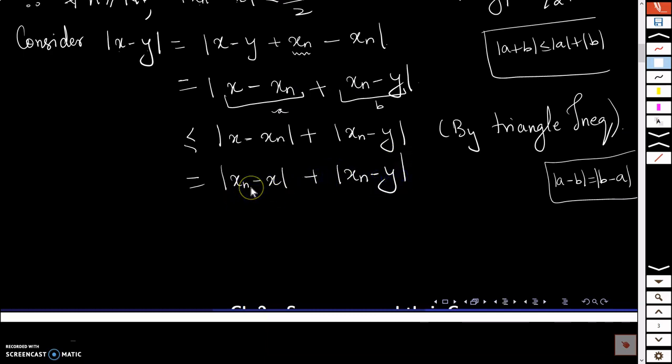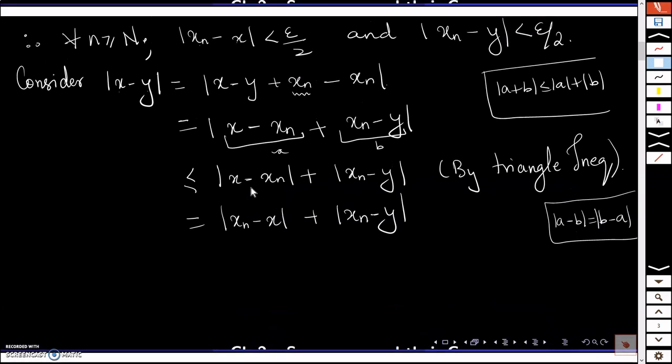Now what do I know about xn minus x? If I go on top, see the first line, xn minus x, that modulus is less than epsilon by 2, and this is also less than epsilon by 2, modulus of xn minus y. So the first term is less than epsilon by 2. The second term is also less than epsilon by 2. So I will use that estimate here.